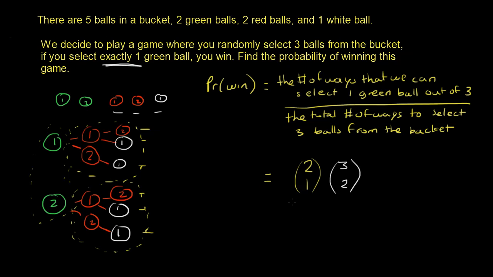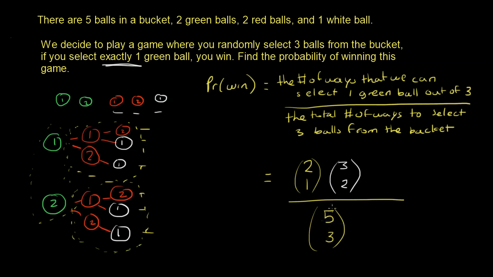Now the denominator here is the total number of ways to select 3 balls from the bucket. How many balls are there? Well, there are 5, and you're choosing 3 of them. I'm not going to list out all of those, but it makes sense that we have 5 balls, we're choosing 3 of them, so the total number of ways that you can select the balls from the bucket is 5 choose 3.